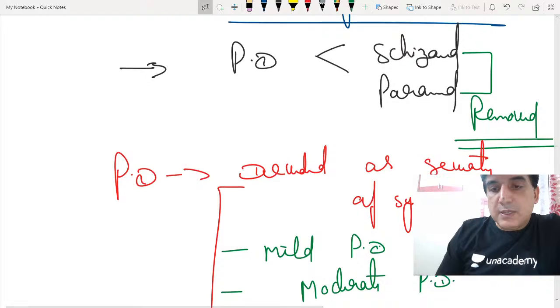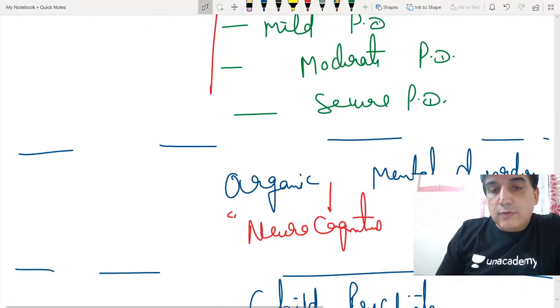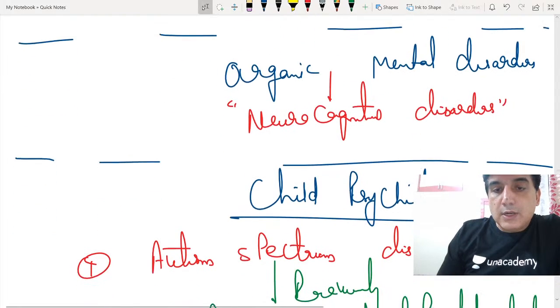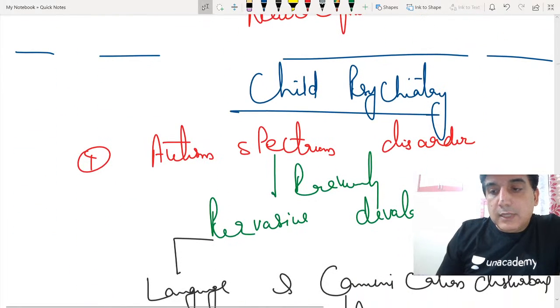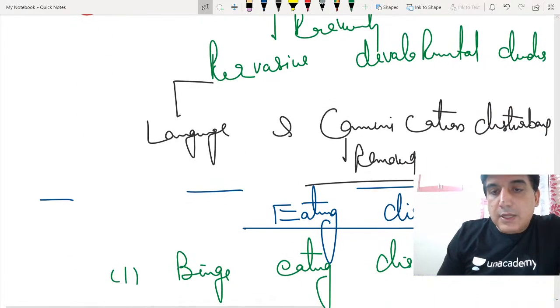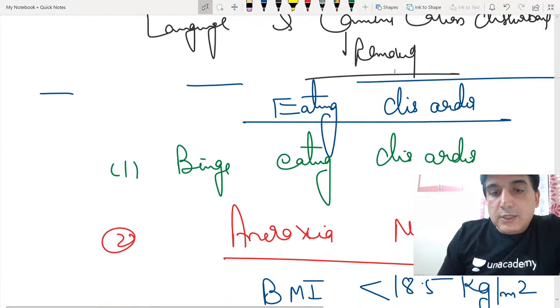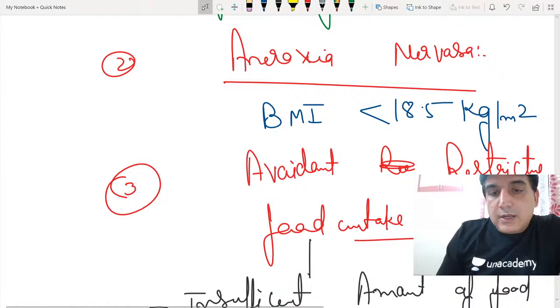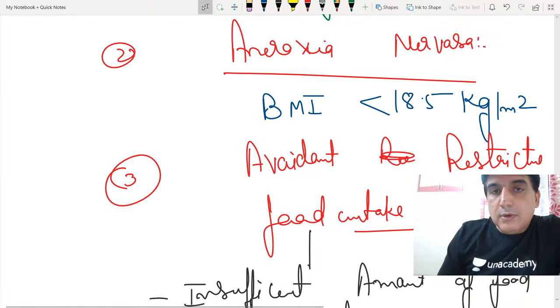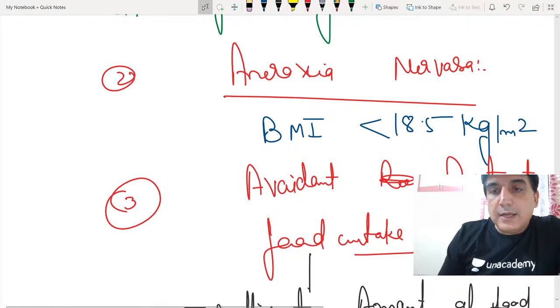We divide as per severity of the symptoms: mild, moderate, and severe. The new name of organic mental disorder is neurocognitive disorder. The new name of pervasive developmental disorder is autism spectrum disorder in child psychiatry, and language communication disturbance has been removed. In eating disorder, binge eating disorder and avoidant restrictive food intake disorder are new diagnostic entities. In anorexia nervosa, BMI is now less than 18.5.